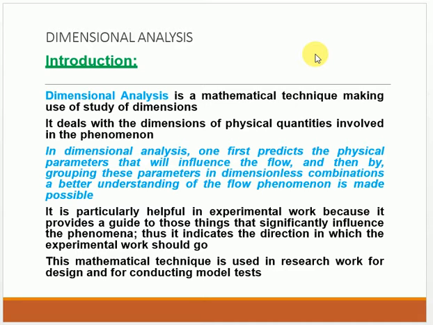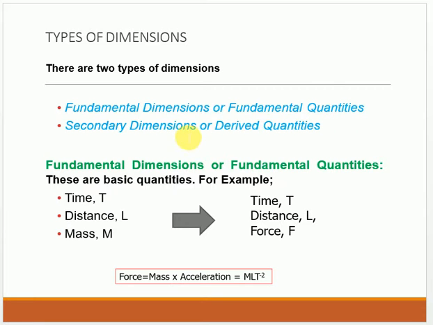We know those units or fundamental dimensions for fundamental quantities and secondary dimensions for the derived quantities. Based on a few physical parameters, they will have units. Those units we derive to the fundamental dimensions, because these dimensions alone are used to derive an expression. That is what dimensional analysis actually means.